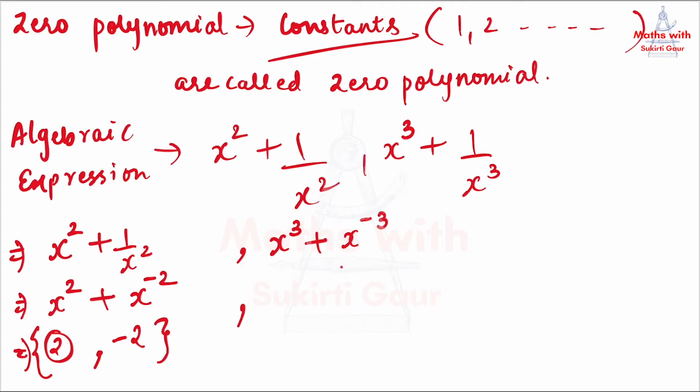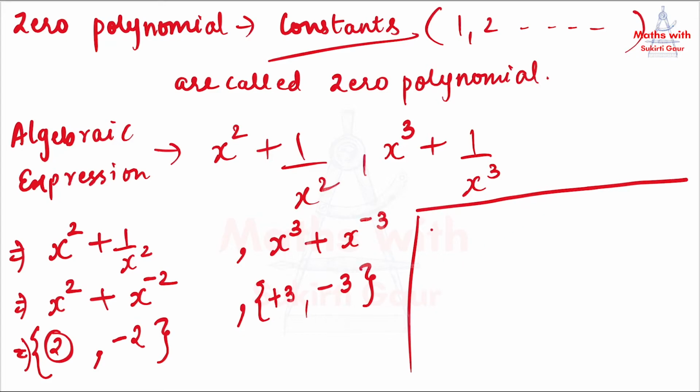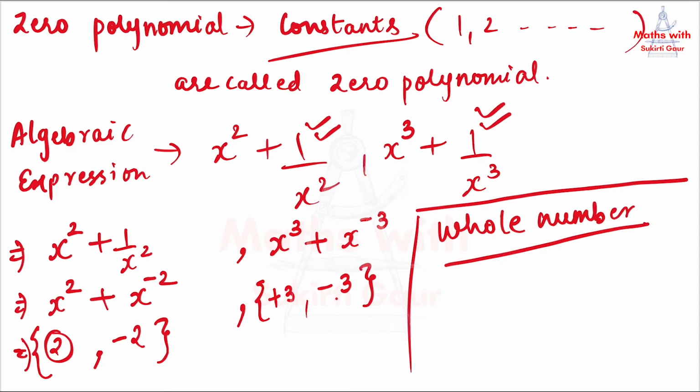Same happened with the second algebraic expression. The power of the first term was plus 3, whereas the power of the second term was minus 3, which is an integer. So in this case, we will not consider both of these algebraic expressions as polynomials, because they do not have whole numbers as the power of variable.